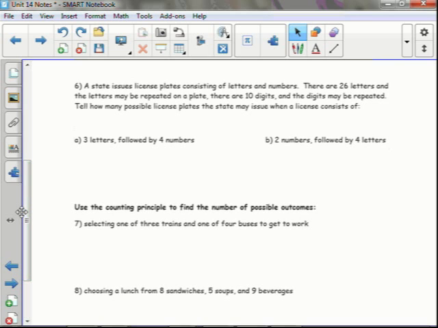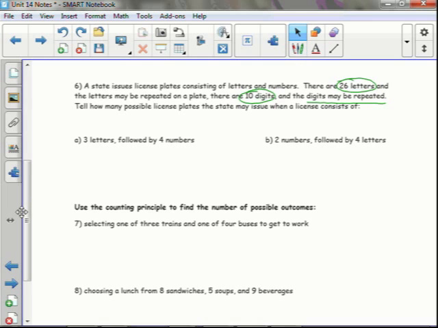A state issues license plates consisting of letters and numbers. There are 26 letters, and the letters may be repeated on a plate. There are 10 digits, and the digits may be repeated. Tell how many possible license plates. Okay, so the key here is that the digits may be repeated, and you want to know that there are 10 digits and 26 letters.